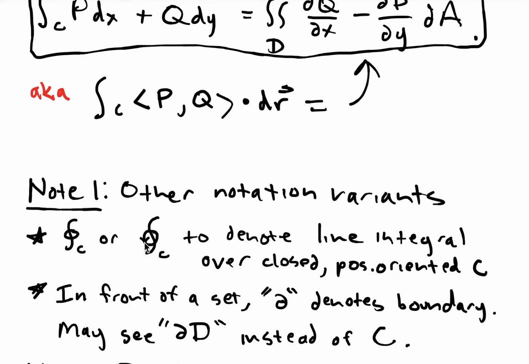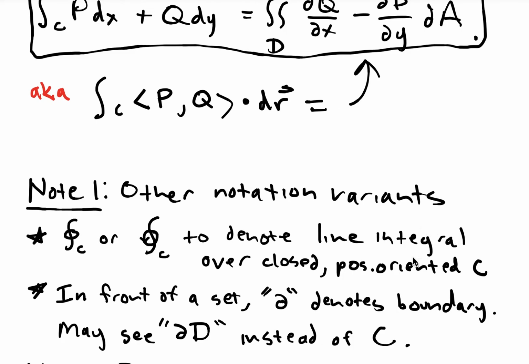They'll sometimes pop up in the textbook or in your homework, or if you like to use other sources to back up the information you're getting in this class, sometimes you'll see these symbols for your integral symbol instead of this one. That doesn't necessarily mean anything particularly fancy. It's just an alternate way to represent your line integral. But when you use one of those symbols, you are suggesting that the curve you are integrating over is closed and positively oriented. So we've got one of these loops running counterclockwise that doesn't cross itself.